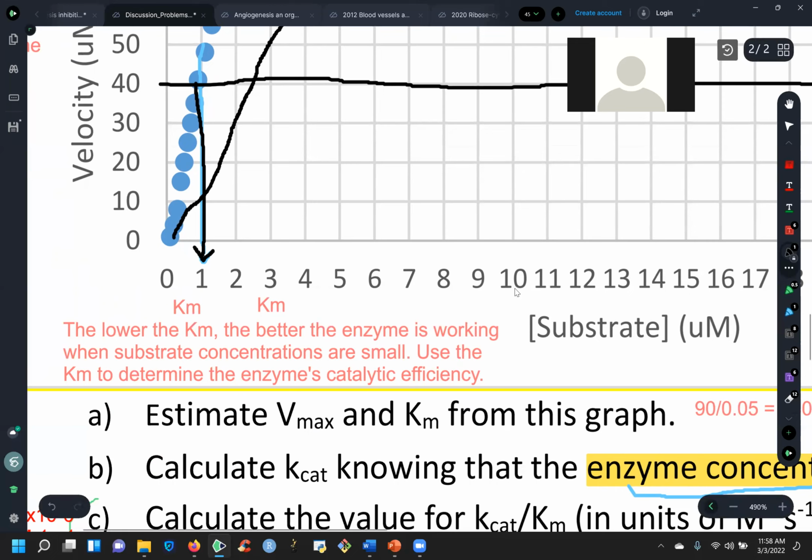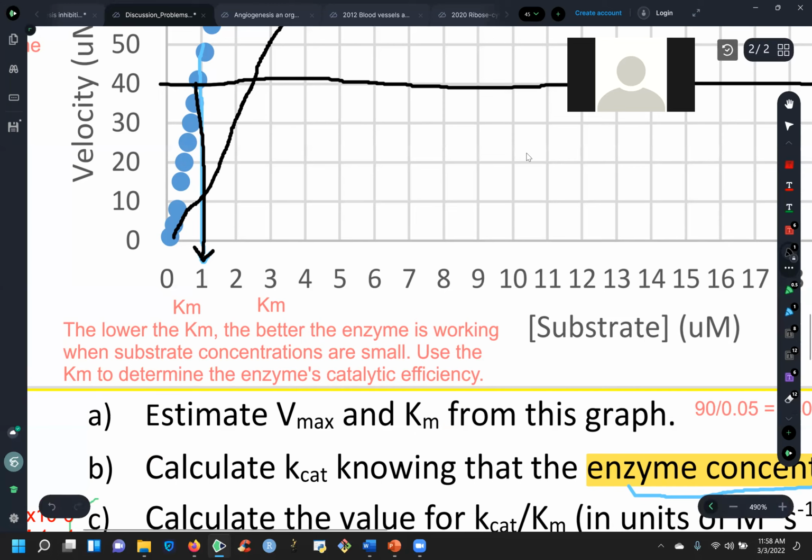So if it takes an enzyme 10 micromolars to get half of the maximum velocity, that enzyme sucks. Its catalytic efficiency is low. But if an enzyme only requires 1 micromolar to reach half of the maximum velocity, that enzyme's catalytic efficiency is very good. It's very high.